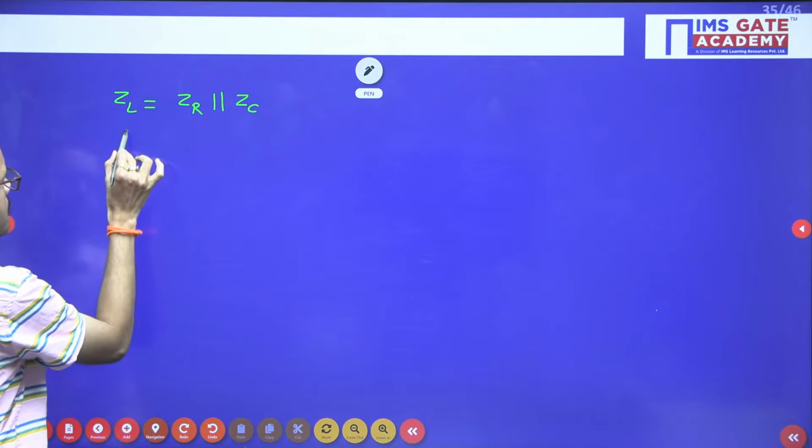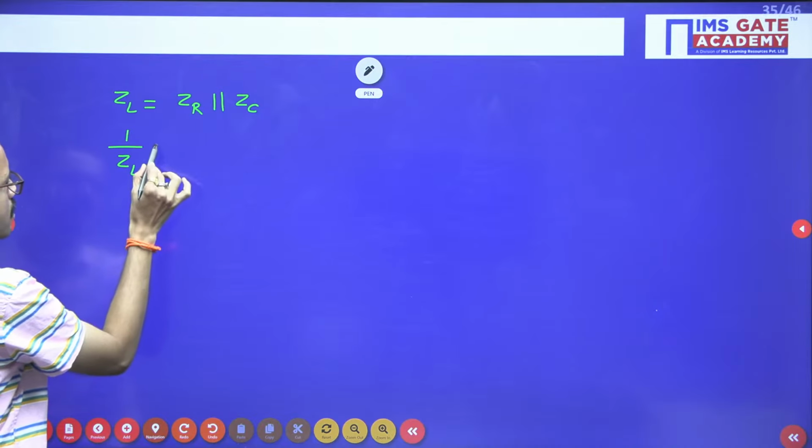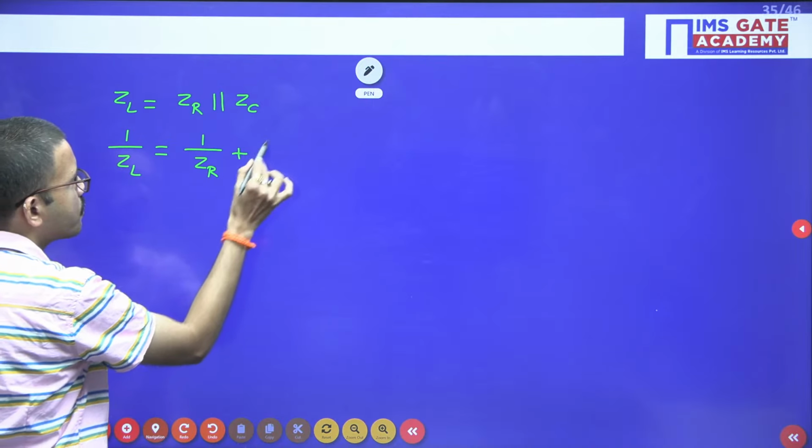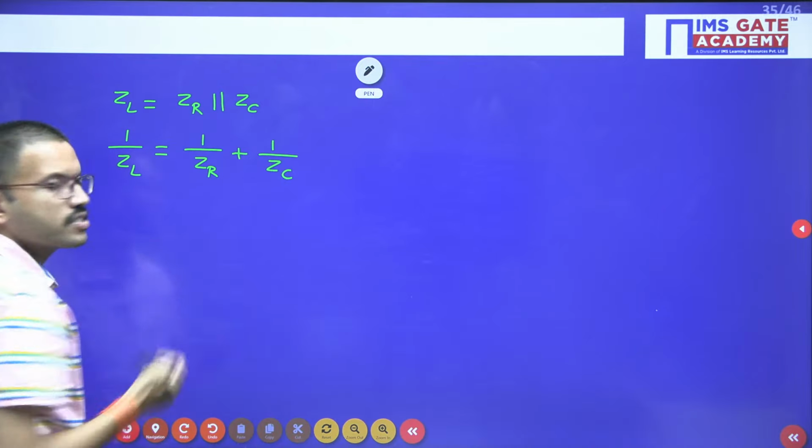So for the time being, I am representing 1 by ZL equal to 1 by impedance of resistor plus 1 by impedance of capacitor.